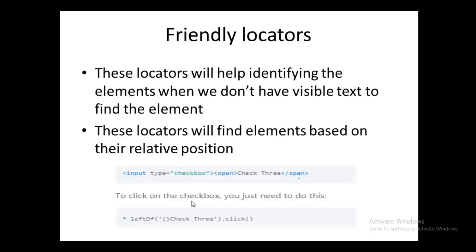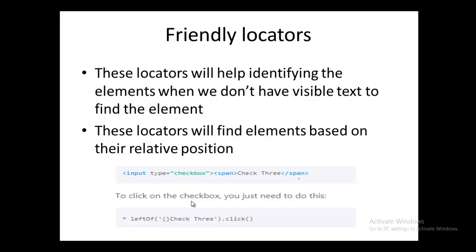So why do we have friendly locators? Previously we learnt wildcard locators, but wildcard locators are basically to identify a web element that has visible text present in it. That can be used against elements such as links or checkboxes. But what happens when you want to key in some value?